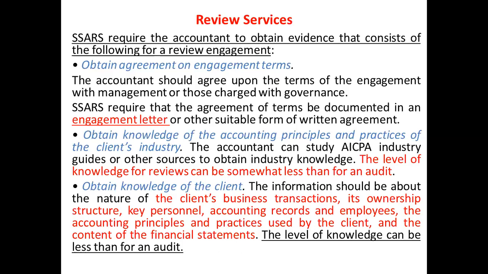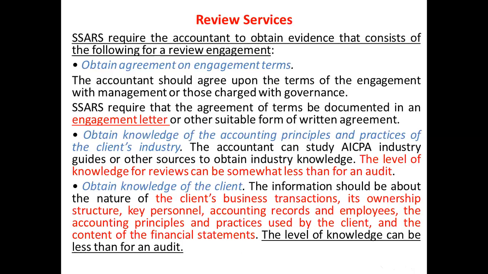The accountant can study the AICPA industry guides or other sources to obtain industry knowledge. The level of knowledge for a review can be somewhat less than for an audit.